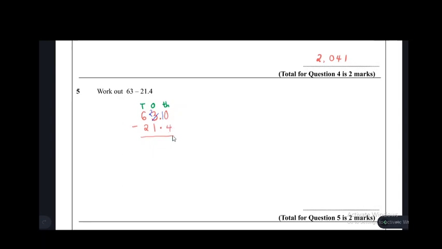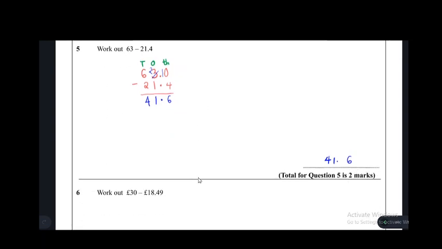So 10 take away 4 is 6, and then I put my decimal point right there. 2 take away 1 is 1, and then 6 take away 2 is 4. So that is 41.6.